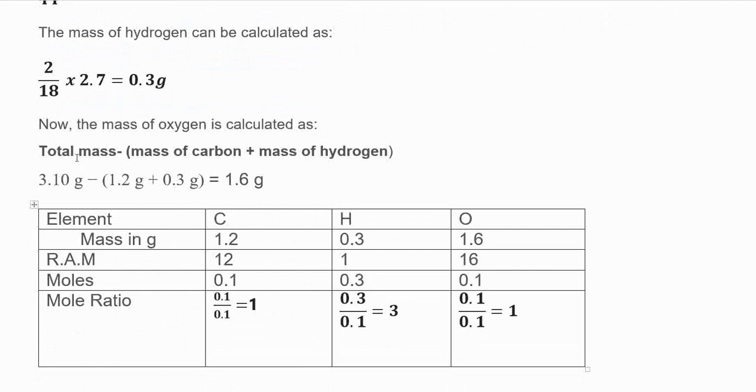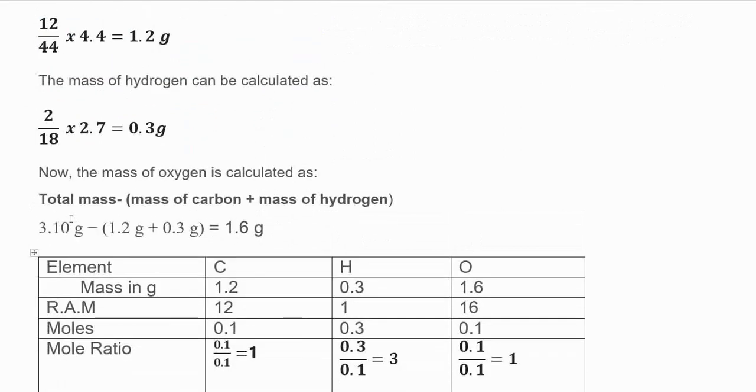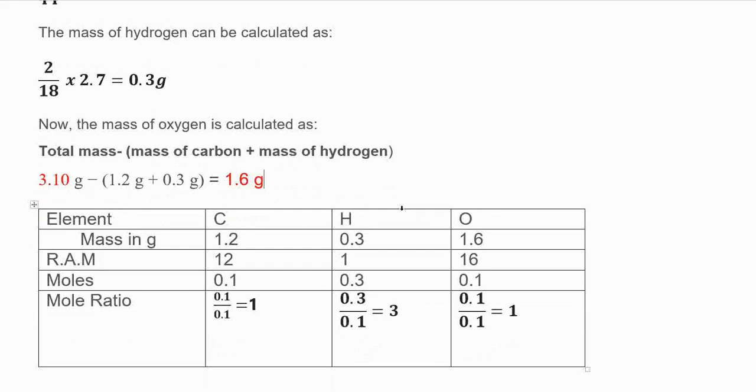Then the mass of oxygen is the original total here. Subtract the mass of carbon plus the mass of hydrogen, we get 1.6, and this is the mass of oxygen.